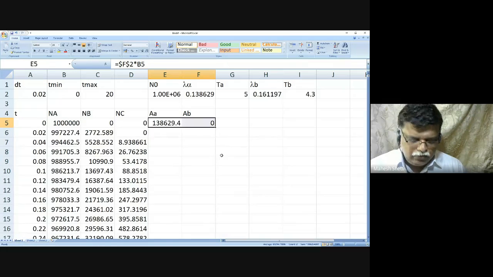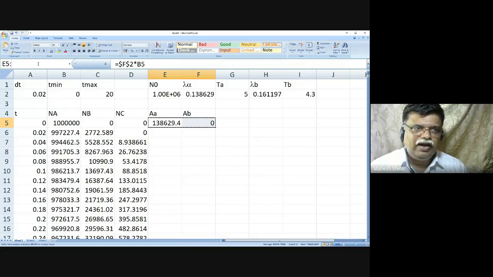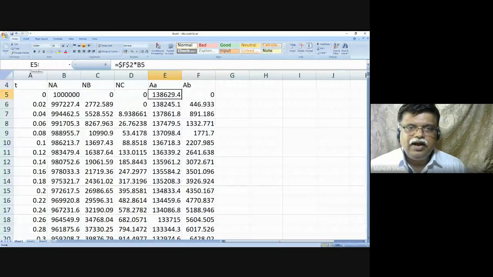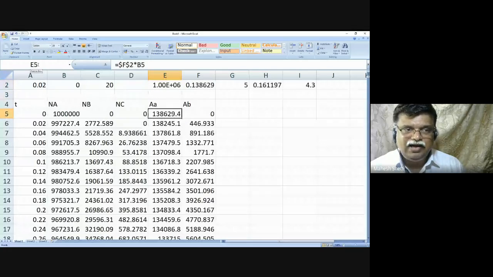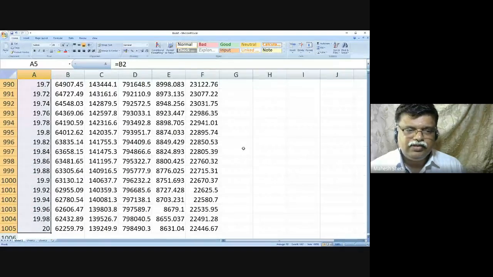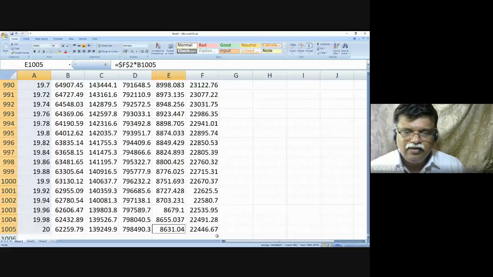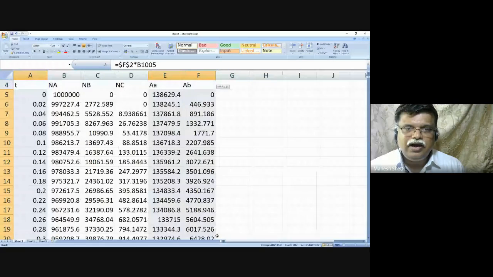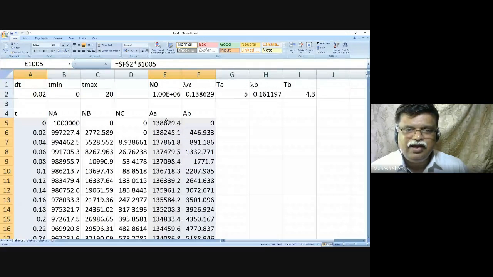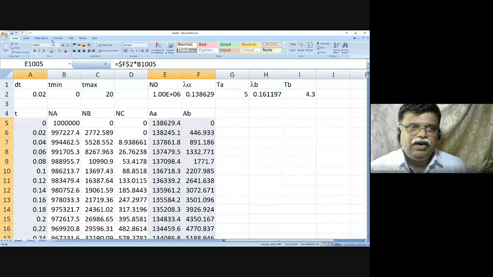Now let me apply the formula to both of these and let me plot the activities. So I am going to select this and I will select this range. I have selected this range, this range and this range. Now let me plot this.